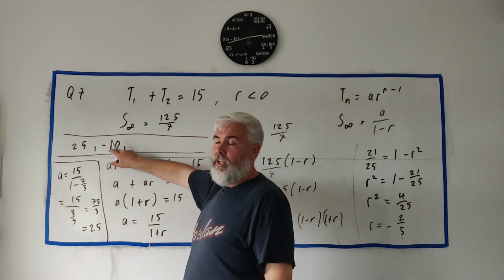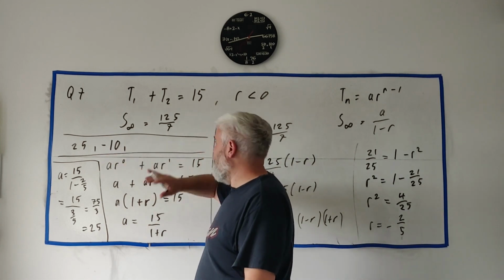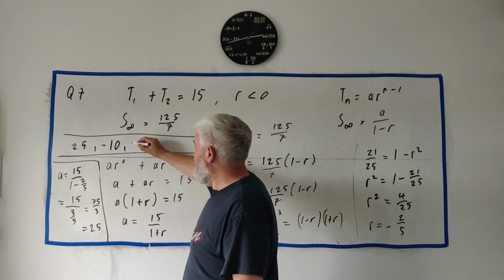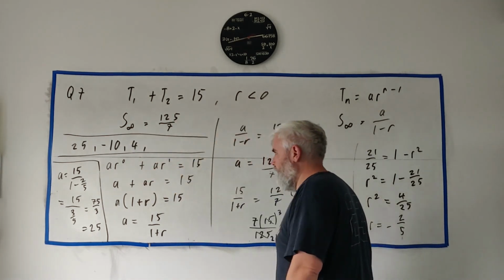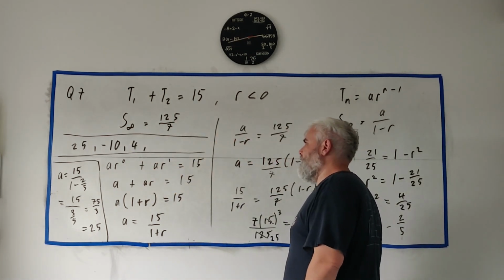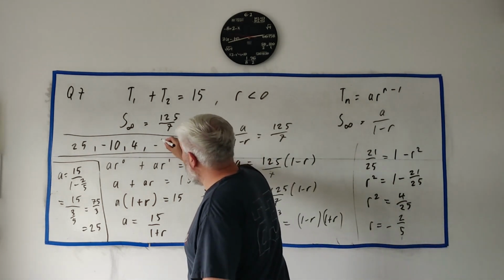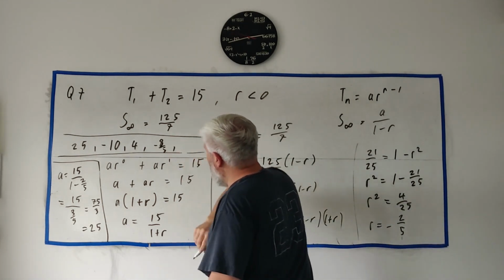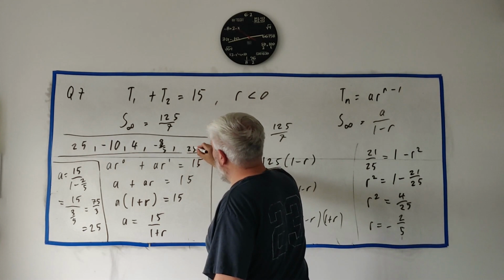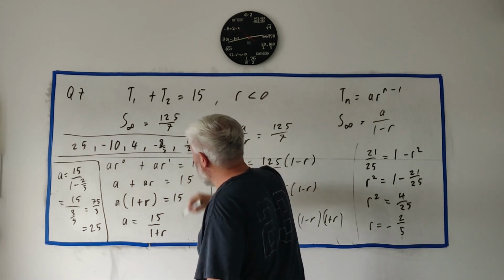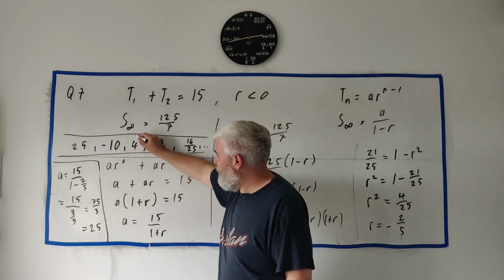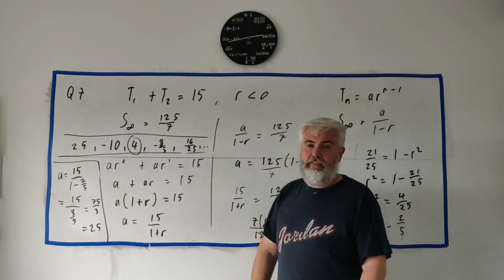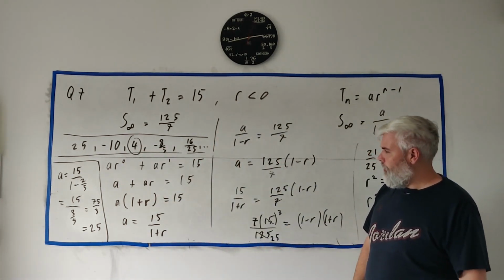Third term: divide by 5 gets to 2, multiplied by 2 gets to 4, multiplied by minus gets to plus 4. We could stay going here. You could go, let's see, 8 over 5, minus 8 over 5. Next guy would be plus, 16 over 25, and stay going with that. They asked for the third term. There you go, full marks for giving them the third term.